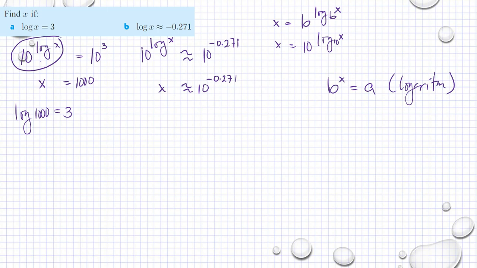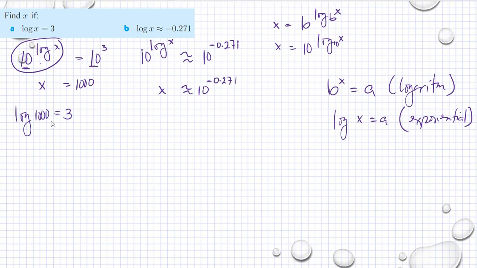And if you have log of x is equal to a, then you need to solve this by exponential. That is what I used here: the exponential with the base 10. Base 10 is the easiest. But later, we will also discuss the natural logarithm, then you can use base e also.